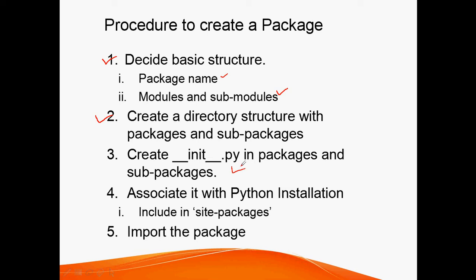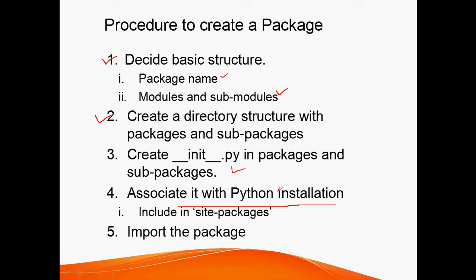Next thing that you have to do is associating this with the Python installation. That means the package should be a part of Python. How can you make that? There are some codes to do it, but in the simple way you can do it by keeping this particular package in the package directory.